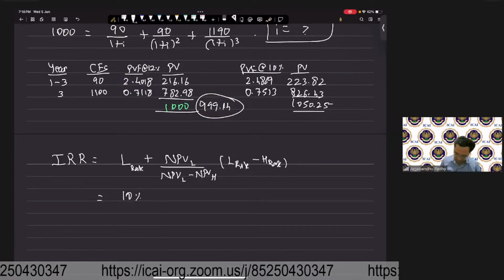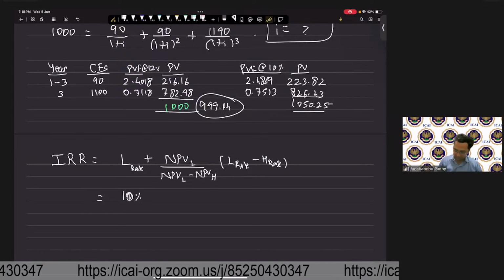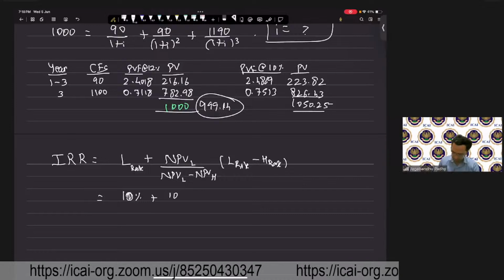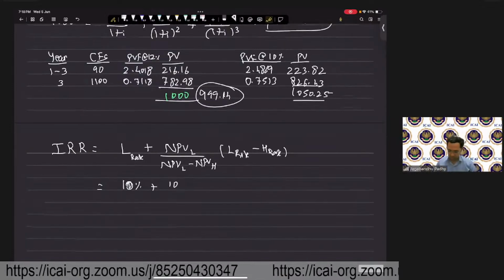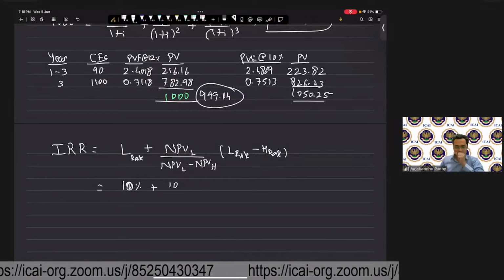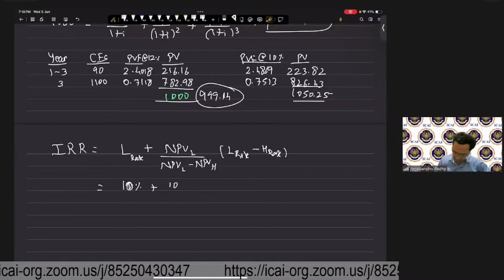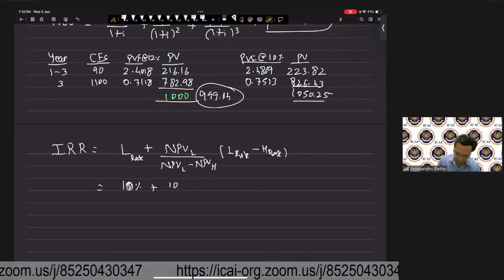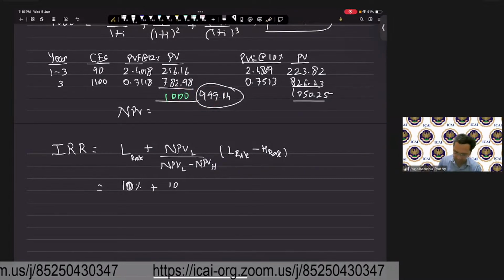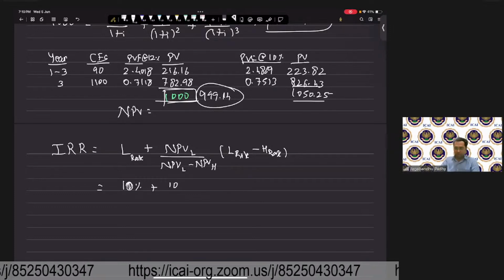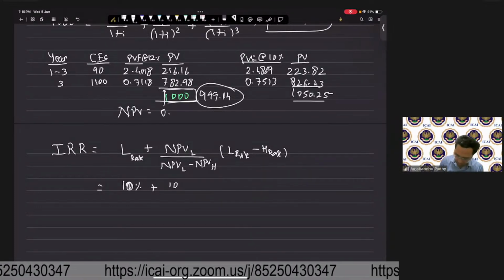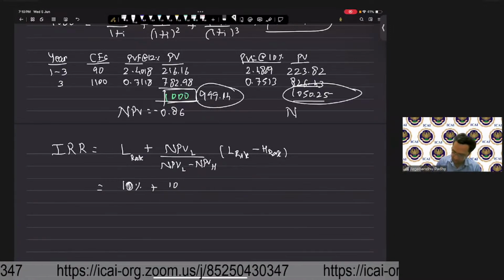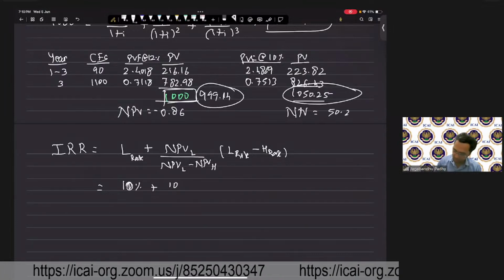So we start with 10% plus NPV at lower rate. The NPV is the difference between the investment and the return: 1,000 is your investment and you are receiving 999. So negative 0.86 is the NPV over here, and in this case, your NPV stands as 50.25 positive.